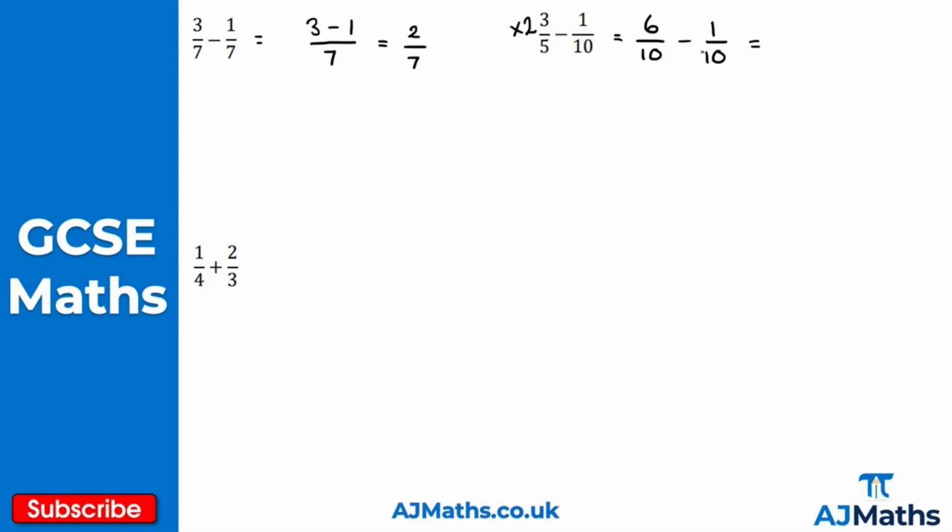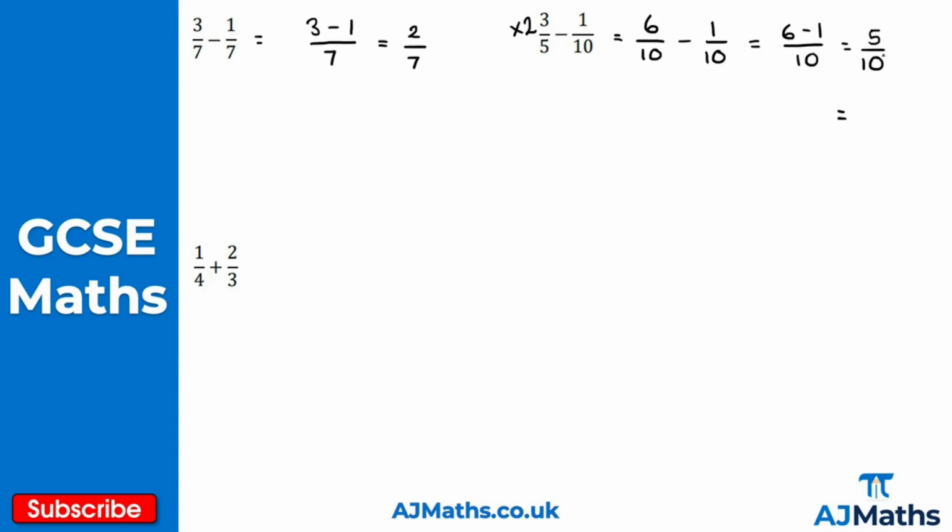And now we have a common denominator. So in this case, all I do then is subtract from the numerator. So I'm going to do 6 minus 1, and then keep the denominator. So we get 6 minus 1 over 10, and then 6 minus 1 gives us 5. So we get 5 over 10 here, and we can take this one step further because we can actually simplify here.